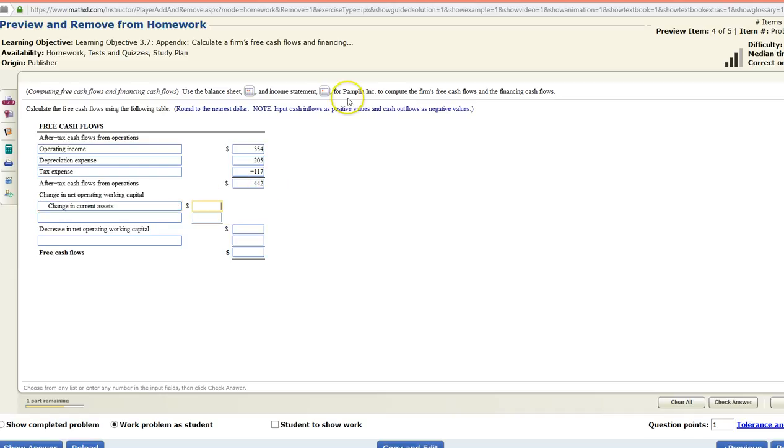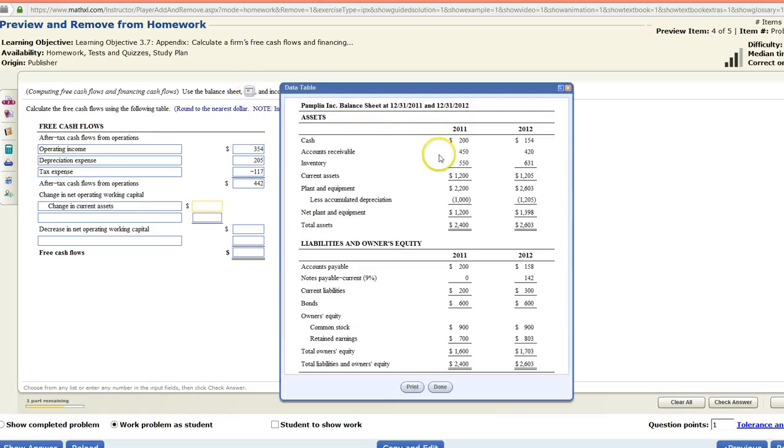What's the change in current assets? Again, this needs to be from the balance sheet. Current assets is right here. Last year is 1200 and this year is 1205. So the change obviously is 5.